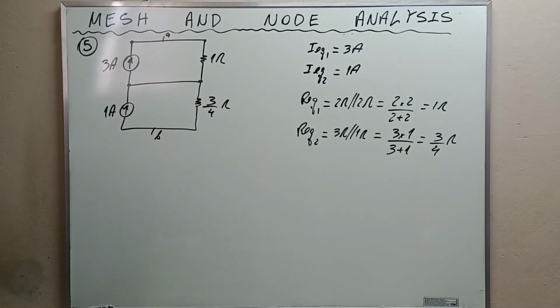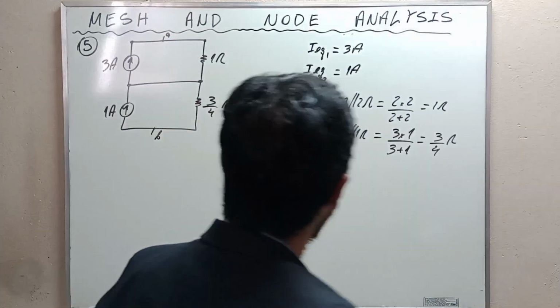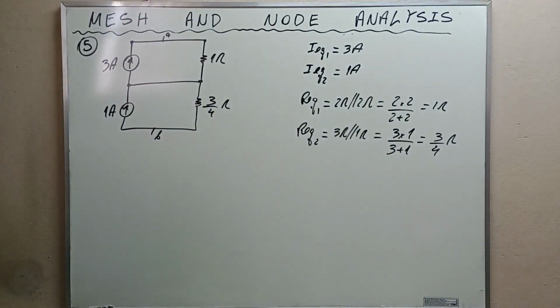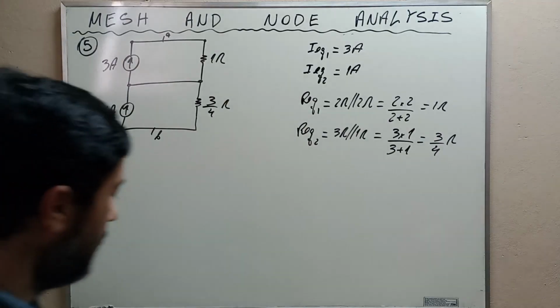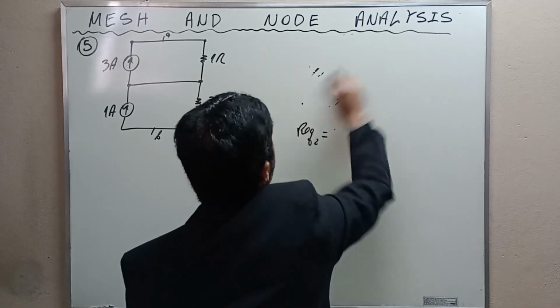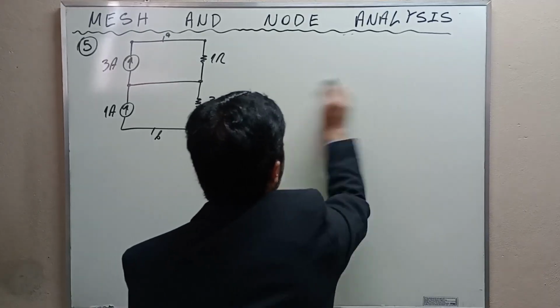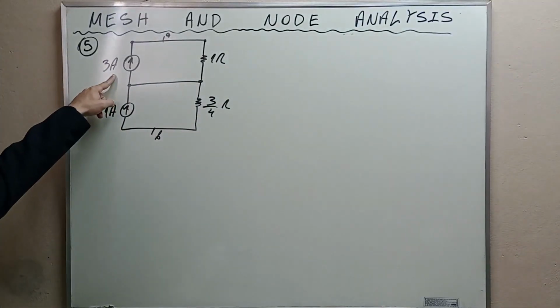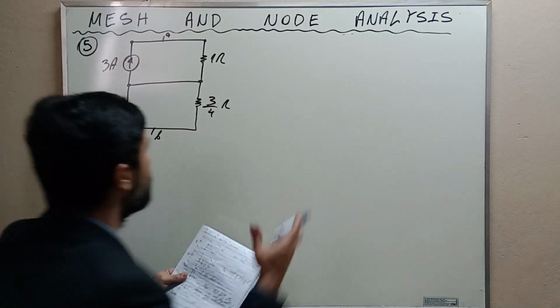The next step consists of converting the current sources into voltage sources. We're going to convert the current sources into voltage sources now. This exercise is laborious, but quite straightforward if we go slowly. Let's take this current source here.